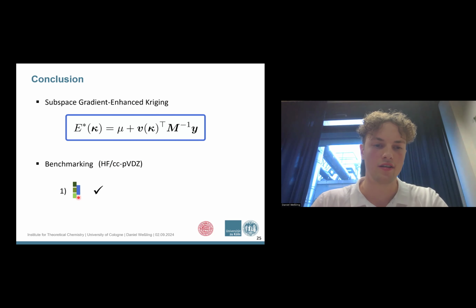Also, and I don't think Daniel highlighted this, with the gradient enhanced Kriging you don't need any Hessian update methods for that part of the code. The second order code, which is used to feed the subspace, though, needs that.